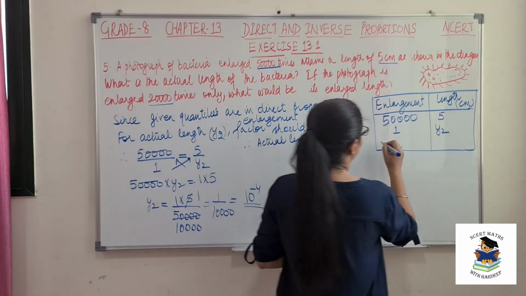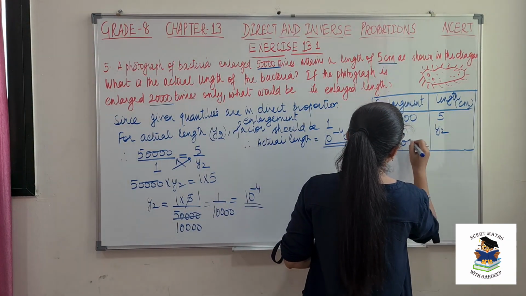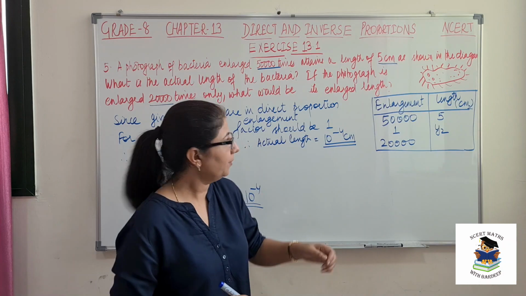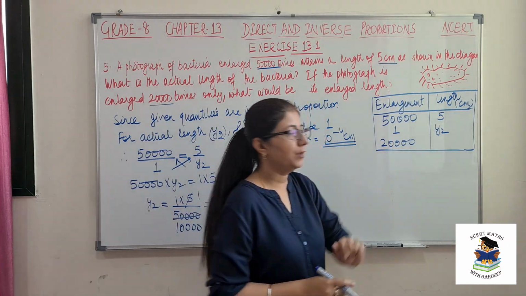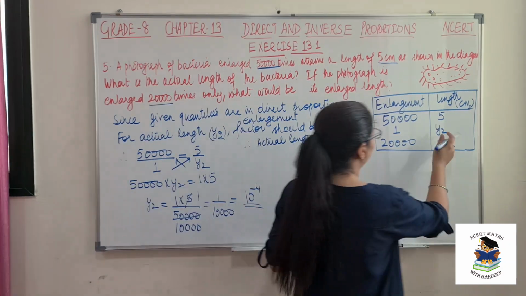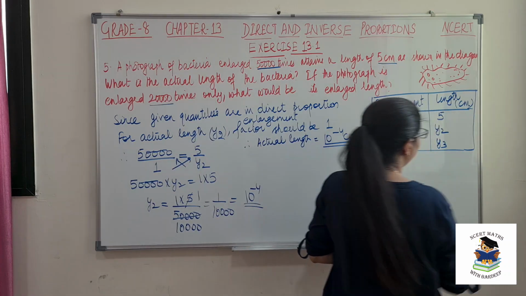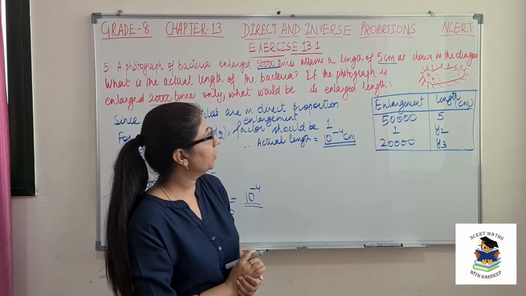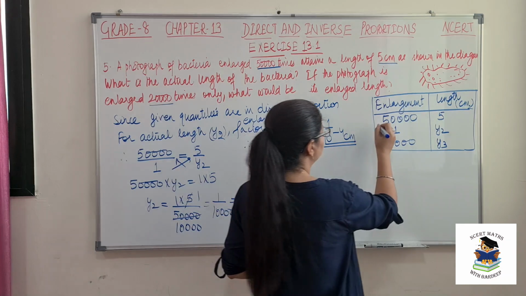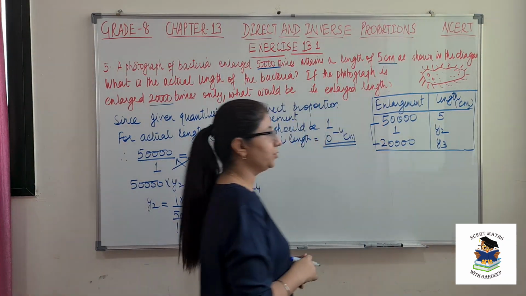So that means if I write it here, 20,000, and we need to find the length. Since I have already taken y2, I will take y3 here. Again we will use these two values.